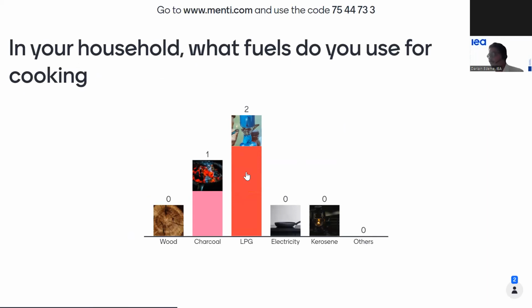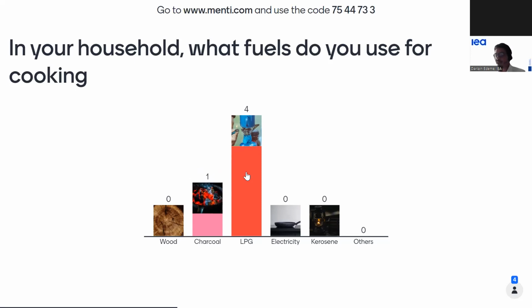Maybe some of you, as I already see, one person at least is using both charcoal and LPG. So you have 5+1 categories: wood, charcoal, LPG, electricity, kerosene, and then others. So just tell us which are the fuels you usually use for cooking in your household.